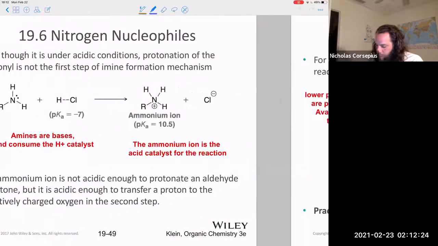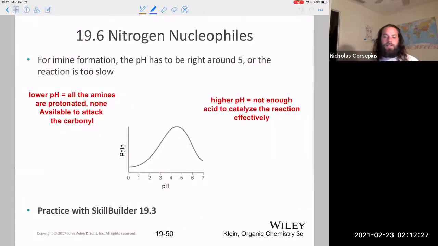Real quick, I just want to make a point that we say that these reactions are acid catalyzed, and they are, but not in the same way that we were talking about mechanisms under acidic conditions. It's kind of weird because an amine is a base. So you have to have a pH that isn't too low. Otherwise, you'll protonate the amine, making it an ineffective nucleophile.